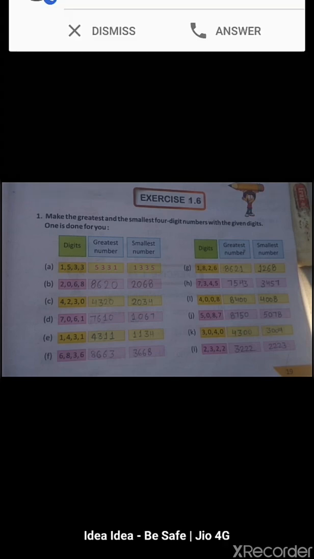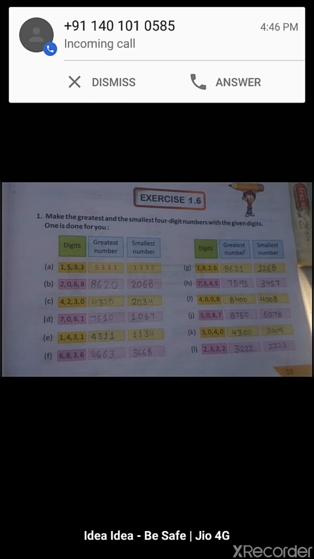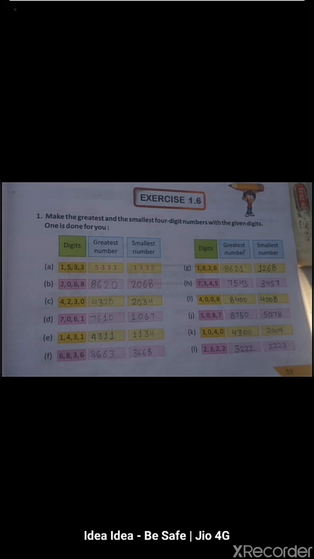The greatest number is 8400 and the smallest number is 4008. Next, in J, 5087. The greatest number is 8750 and the smallest number is 5078.